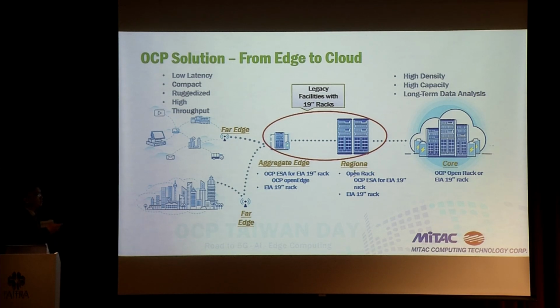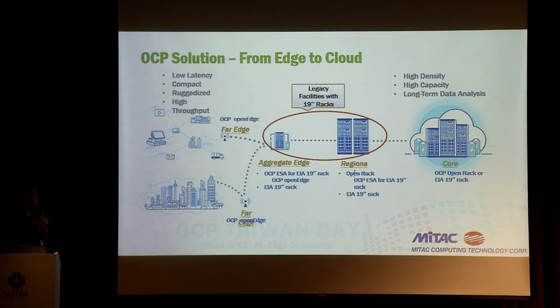And also the same story for the aggregate edge. With Nokia's contribution, we can also say that in the telco central office, the compact dimension and the NAPS requirement are hard requirements. So the openEDGE actually complies with NAPS, and the compact design is the appropriate selection for the aggregate edge.